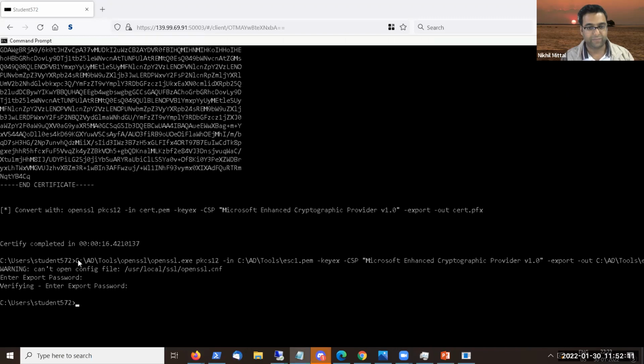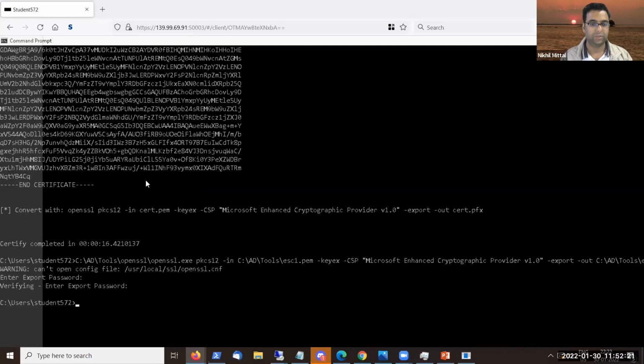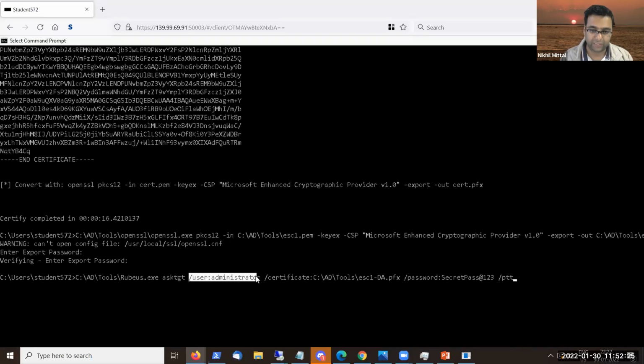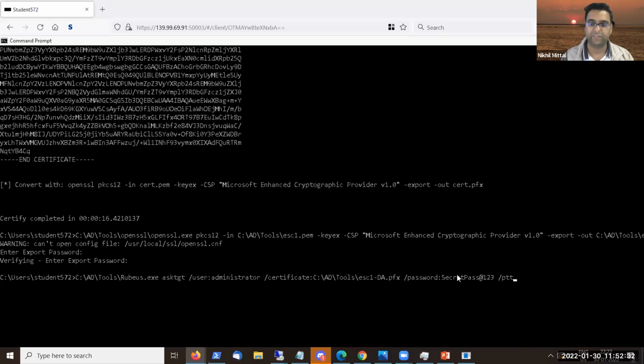And now we have a PFX that we can use with Rubeus. Using Rubeus and its asktgt module, we are requesting a TGT for the domain administrator using the certificate that we have. And this is the export password that we specify.